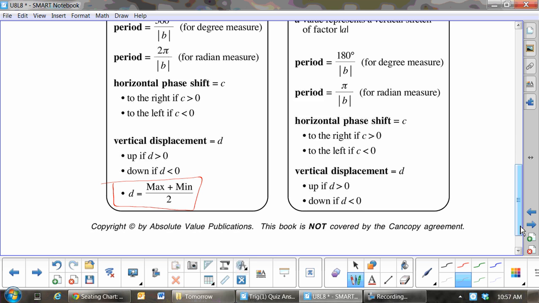Yeah, the midline, but more average. Amplitude is max minus min over 2. Right? Not the same. So this is called the midline. Okay, and I'll tell you, the midline is the most important thing to look at. If you do everything from the midline, it will all make sense.